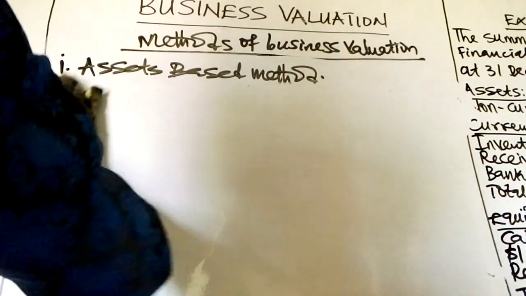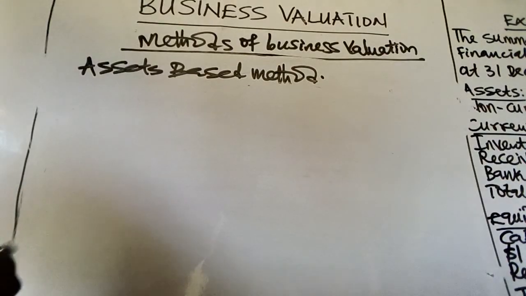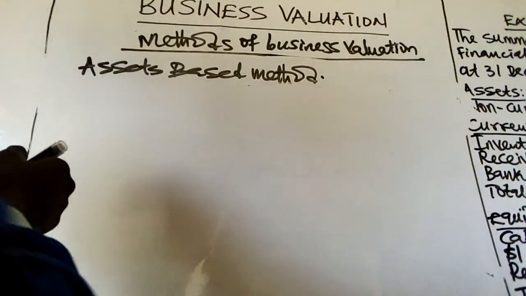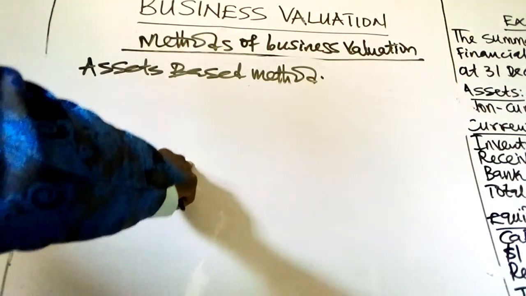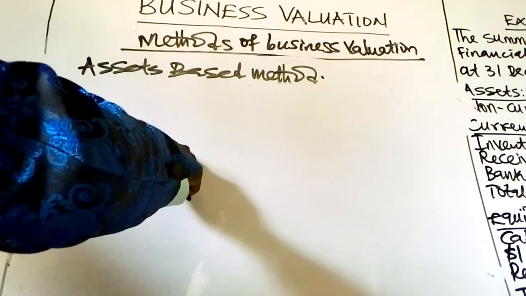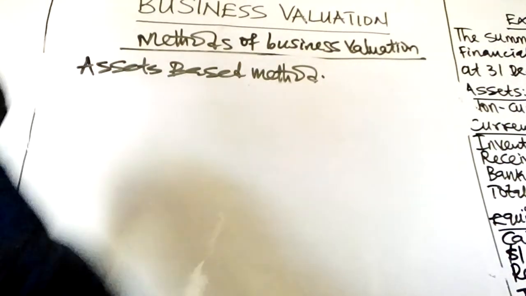Asset-based method of valuing business. Under the asset-based method, we value the business by deducting all liabilities from the value of the assets as per the statement of financial position.